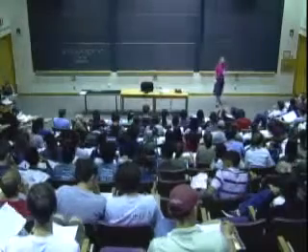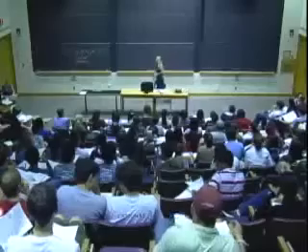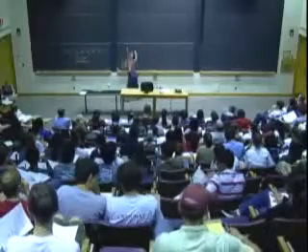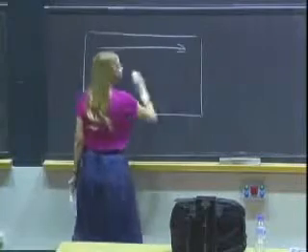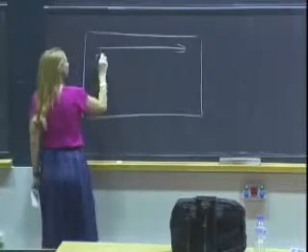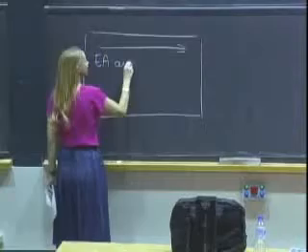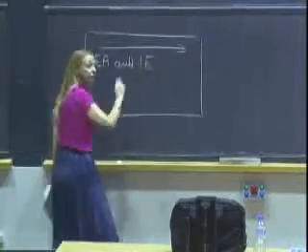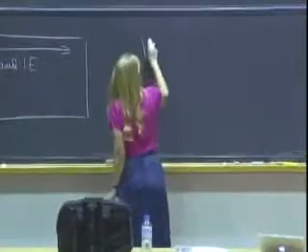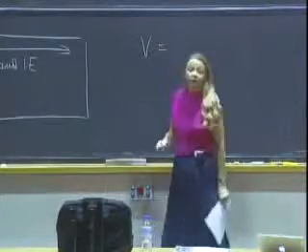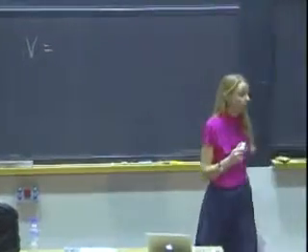Okay, I just wanted to briefly remind you of some of the periodic trends that we talked about. As you go across the periodic table, both the electron affinity and the ionization energy increase. They increase because the nuclear charge increases.